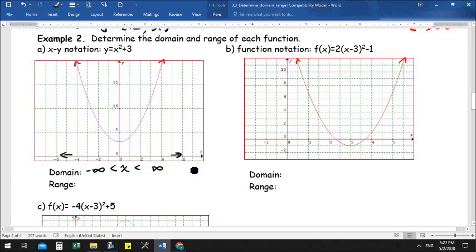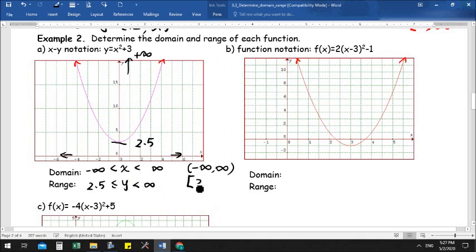If you write it in interval notation, it's -infinity, +infinity, with no squared bracket.